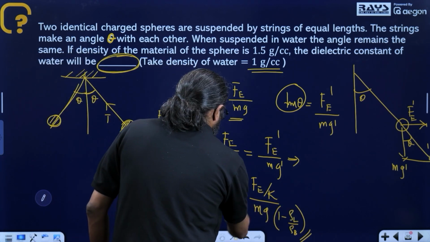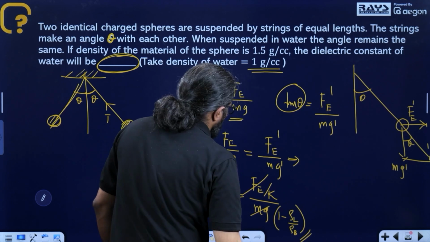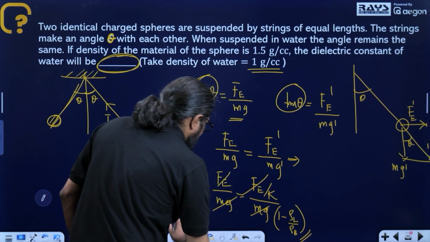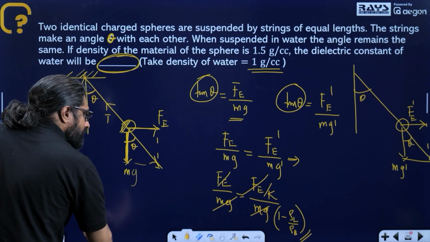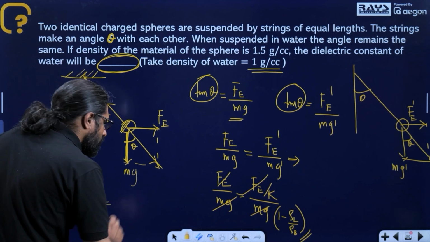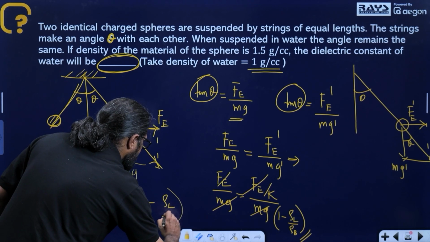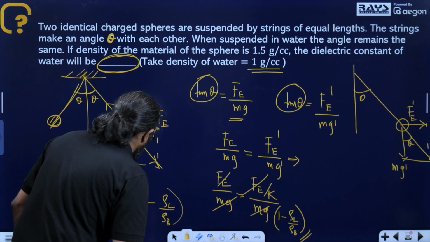Now listen, mg gets cancelled off, Fe gets cancelled off, and what we finally will have is 1 by kappa is equal to 1 minus rho liquid by rho body.